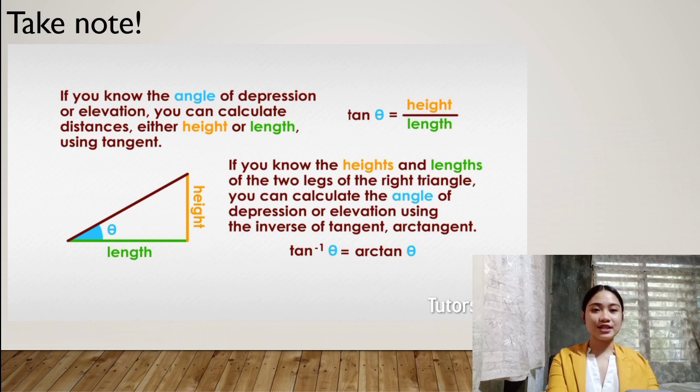Sine theta is equal to opposite over hypotenuse. Cosine theta is equal to adjacent over hypotenuse. And the TOA: tangent theta is equal to opposite over adjacent. It is very clear and very basic.